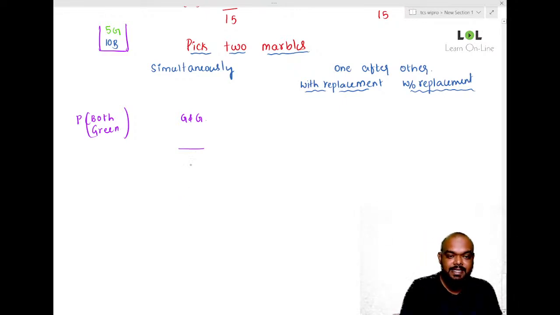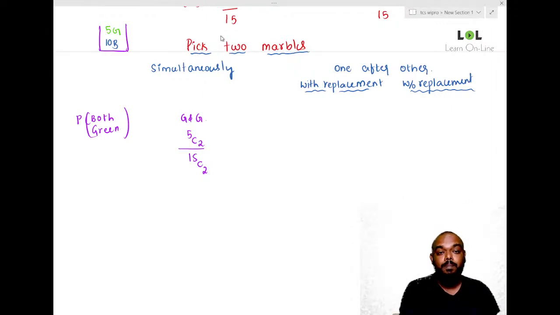Good. 15C2. Now you need 2 green. How many green are there? 5 green are there. You need any 2 from that. So how many ways can I select? 5C2. That's it. 5C2 by 15C2 is my answer.